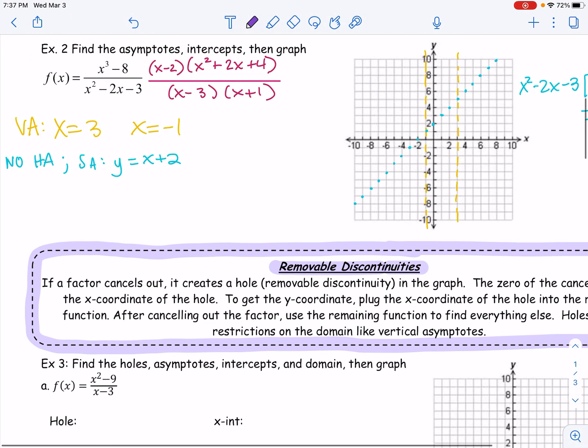And so x-intercepts, how do we find those? We set our numerator equal to 0. Well, when I set x minus 2 equal to 0, I get 2 for x. And remember that trinomial is not going to give me real answers. So when I set it equal to 0, I would have to solve by quadratic formula or completing the square, but I won't get real solutions, so I don't get any x-intercepts out of that.